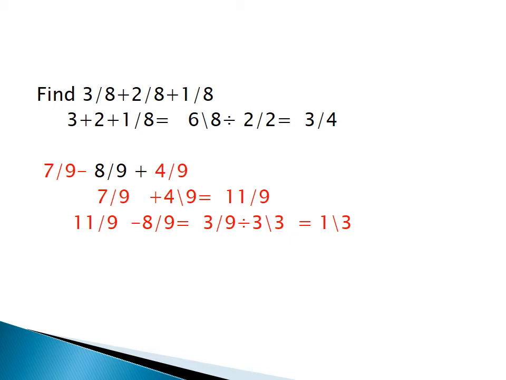Now, from 11 by 9, we will subtract the third number, that is 8 by 9. Because denominators are the same, we can subtract the numerators. 11 minus 8 is equal to 3. Denominator is 9. Now both are divisible by 3. That's why the answer is 1 by 3.